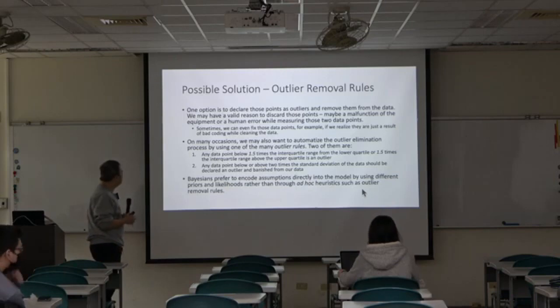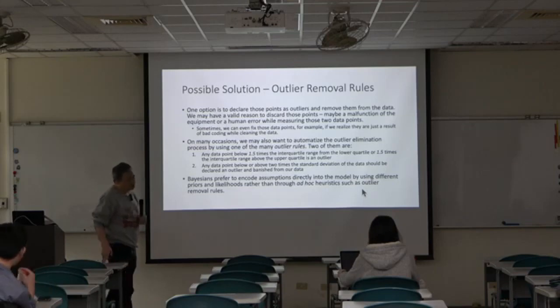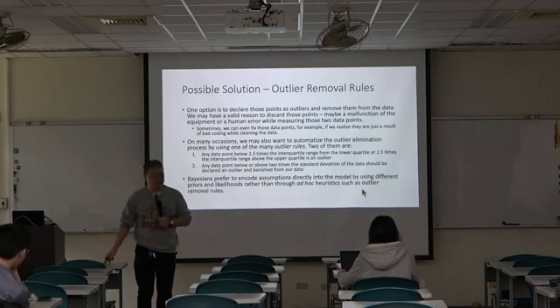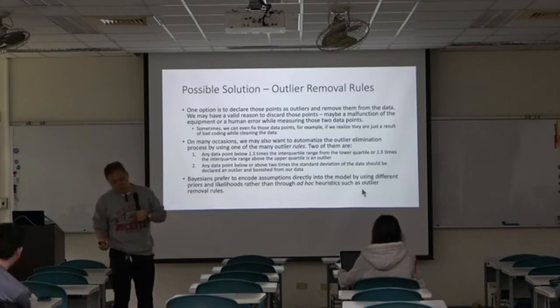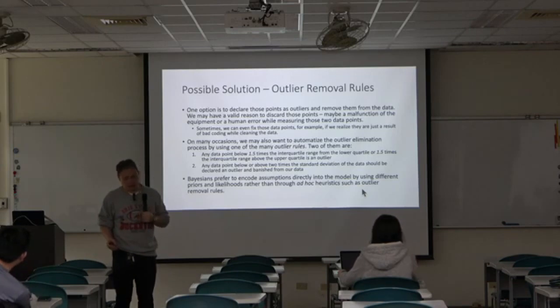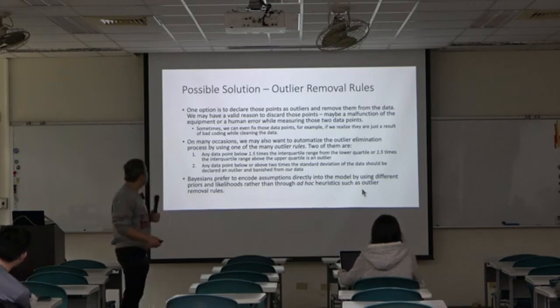For example, we can fix the data point if we realize they are just a result of bad coding. If it comes from bad coding, once you fix your program, of course you are able to correct those errors. Or you remove them, as I said.